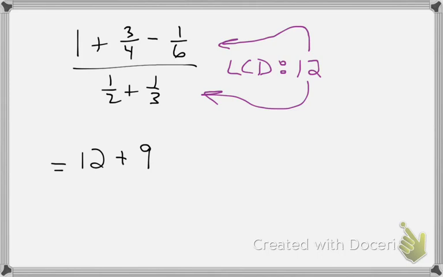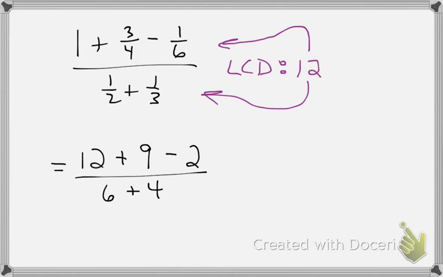And 3 times 3 is 9. Minus, the 6 would reduce the 12 to 2, and 2 times 1 is 2. So my whole numerator is just 12 plus 9 minus 2, fraction free. In the bottom, multiply by 12. Six plus 4. You guys all on board? Do you see how that happened?